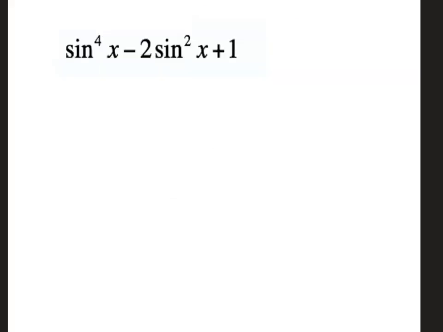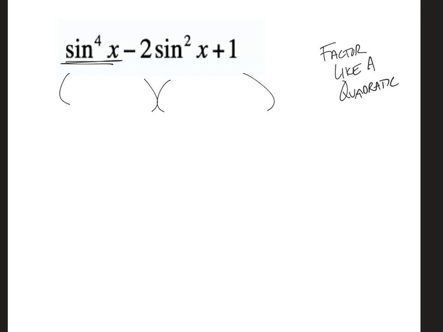This one, I've got 3 terms. So I'm going to approach this like a quadratic. I'm going to factor this like a quadratic. Okay, when you have a trinomial, you can factor it kind of like how we're used to factoring. So I need 2 things that are going to go here and here.